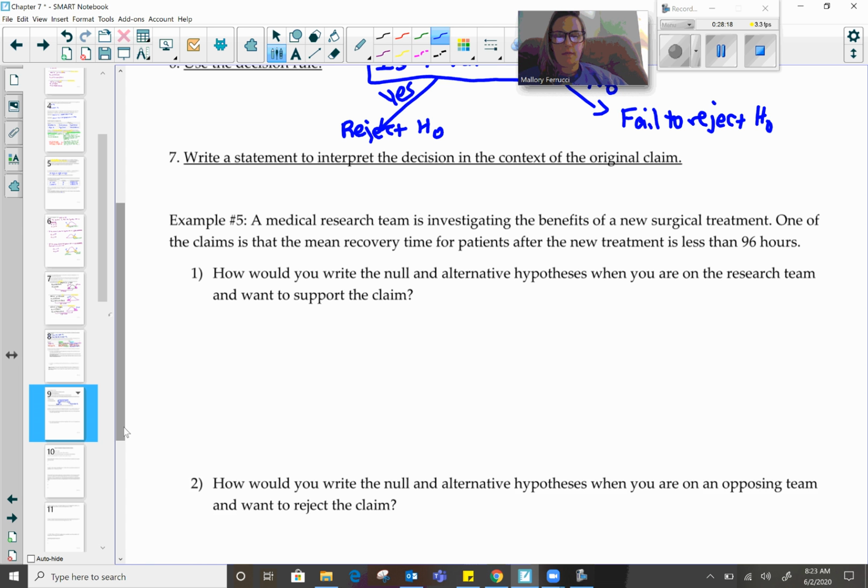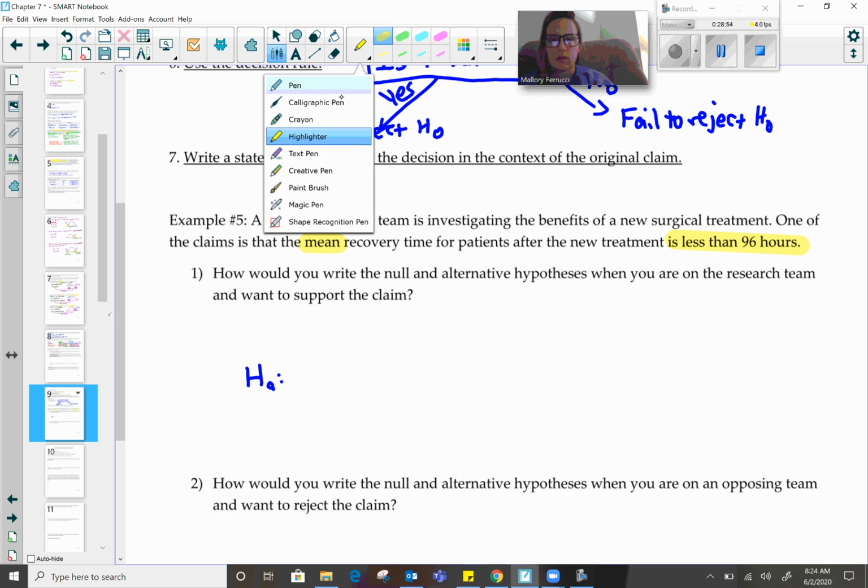If you want to support the claim, then the claim should be the alternative hypothesis. So mean is less than 96 hours.